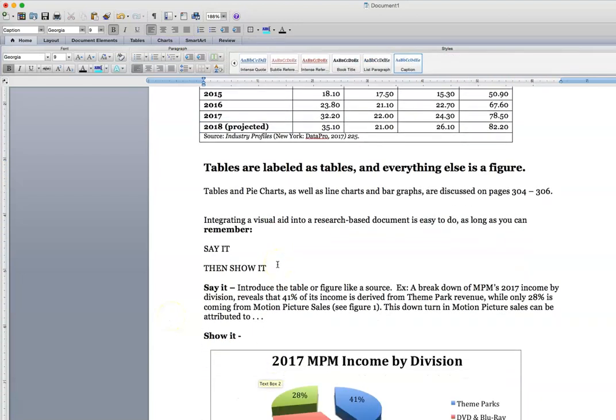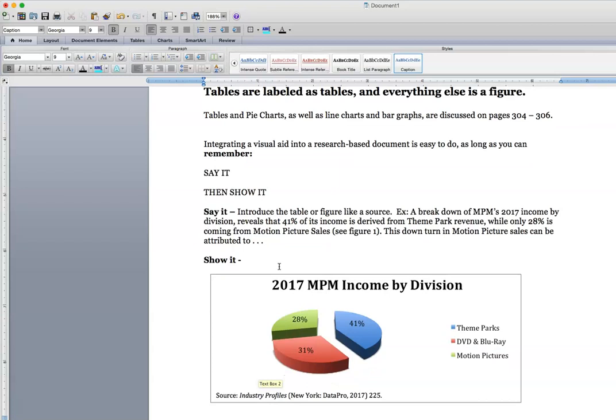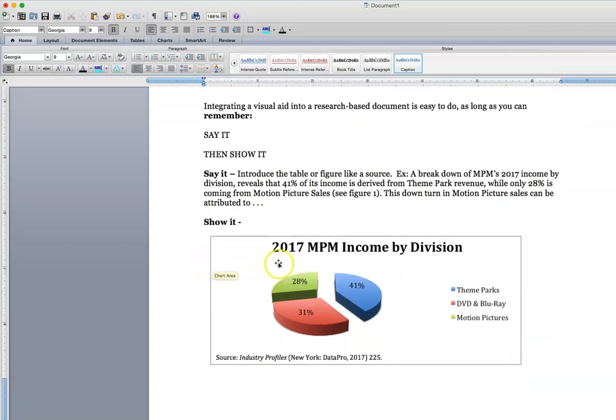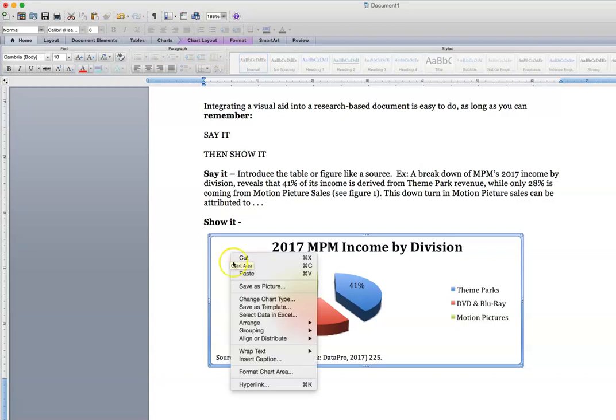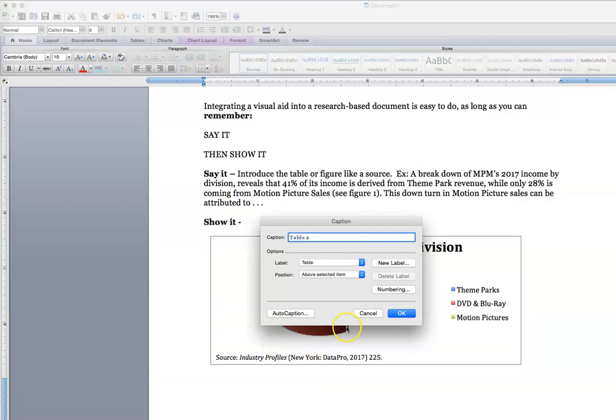Now to integrate a pie chart, we're going to use the same thing. It's not a table though, so we're not going to label it as a table. Instead, we're going to label it as a figure. This has a title, the 2017 MPM income by division. Now I want to insert a caption, so I just grabbed it and now I'm doing insert caption.